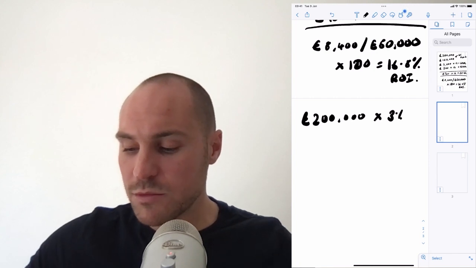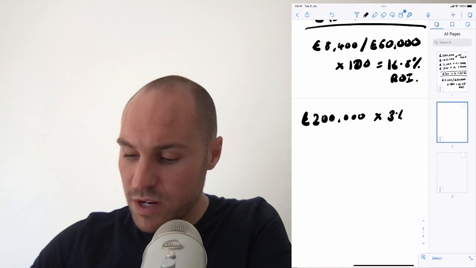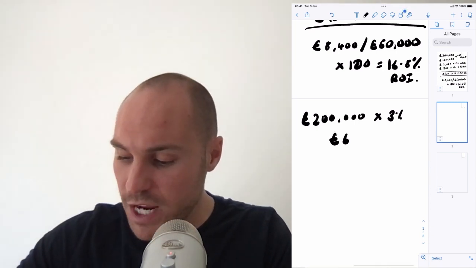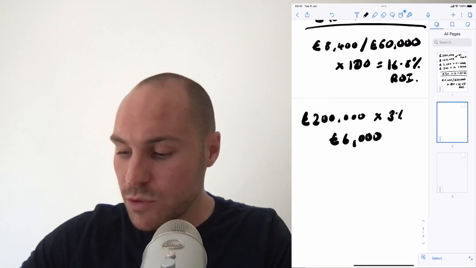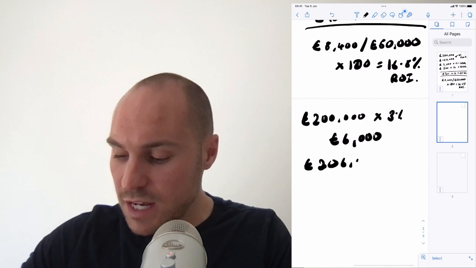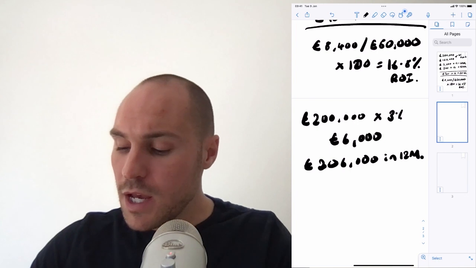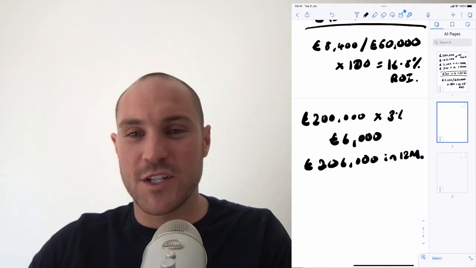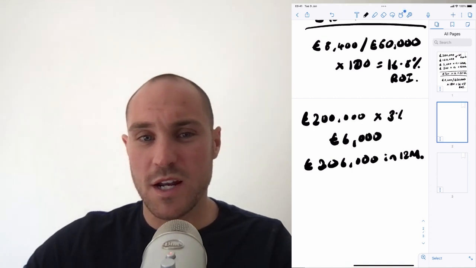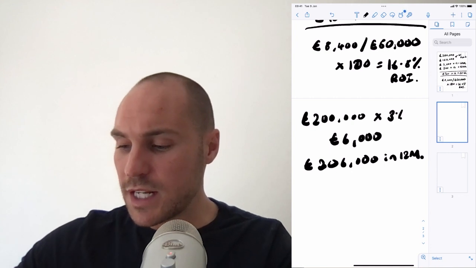We take the 200,000 pounds and times that by 3%, which gives us a total annual appreciation of £6,000. So we're effectively saying that this property is going to be worth £206,000 in 12 months time, right? You can see it's quite conservative, pretty realistic. No matter really where you are in the country, you're maybe going to see a 2 to 3% return.